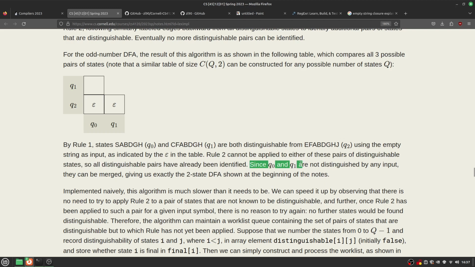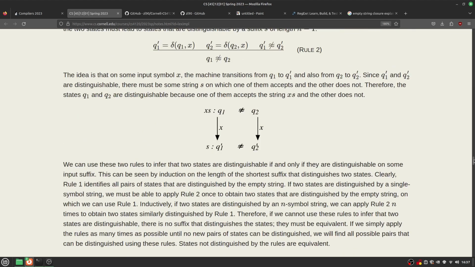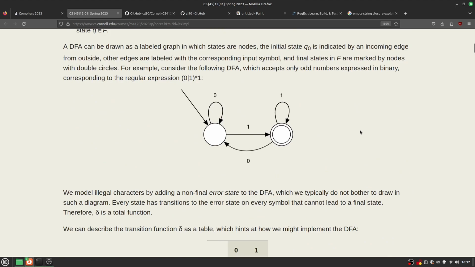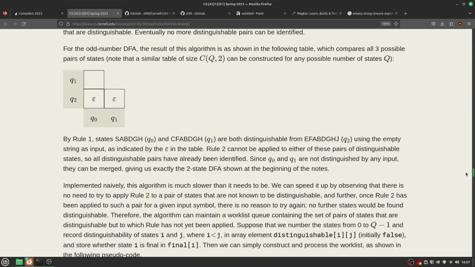Since Q0 and Q1 are not distinguished by any input, they can be merged, giving us exactly the two-state DFA shown at the beginning of the notes. Ah, cool. Makes sense.